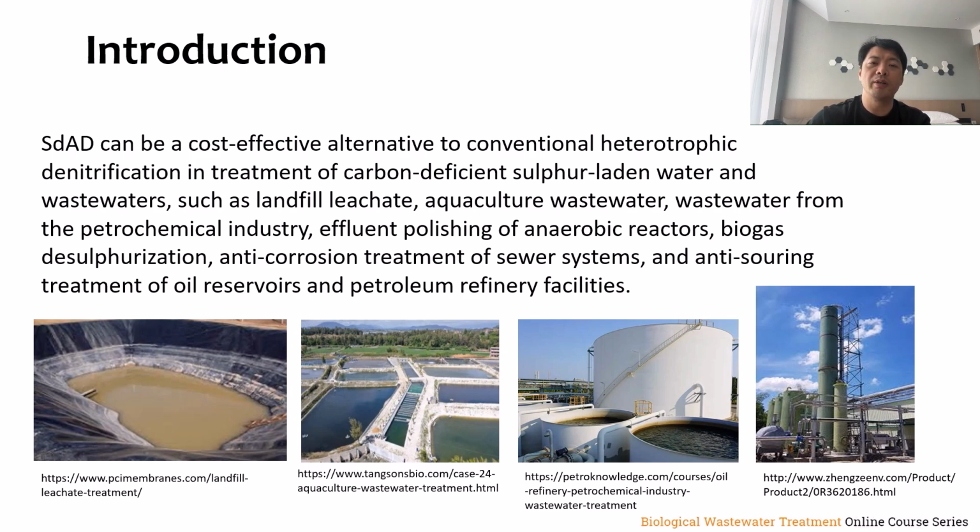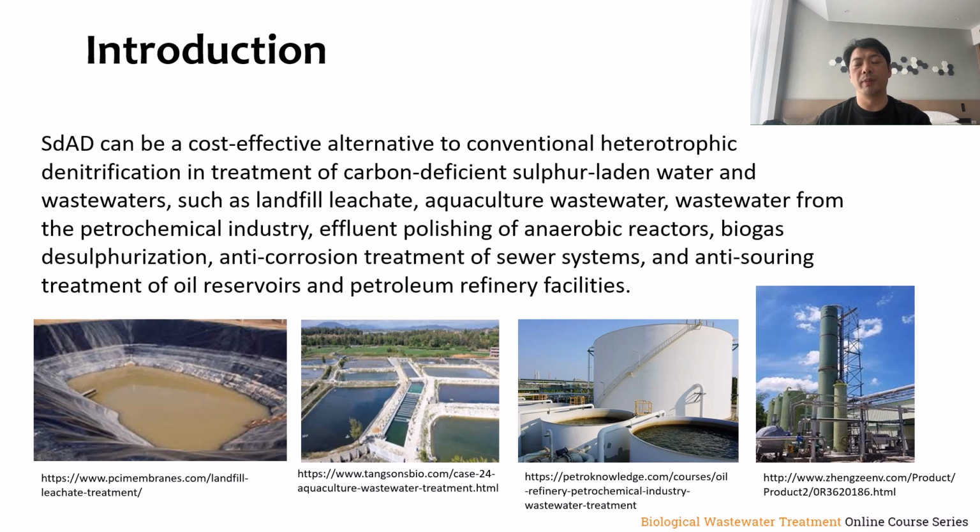And wastewater from the petrochemical industry can be challenging due to its complex composition. Sulfur denitrification's ability makes it ideal for treating these types of wastewater, reducing both complexity and cost.